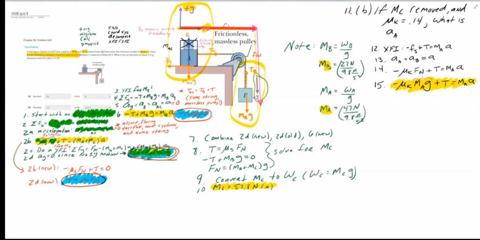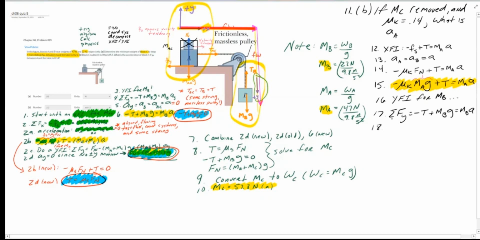Here's the inventories for block B. The Y force inventory for block B is as follows. The sum of all those Y forces is minus T plus MBG equals MBA, because the acceleration of block A is the same as the acceleration of block B. Let's just call it A. And that's it.